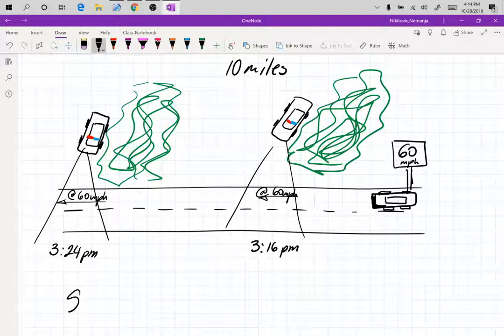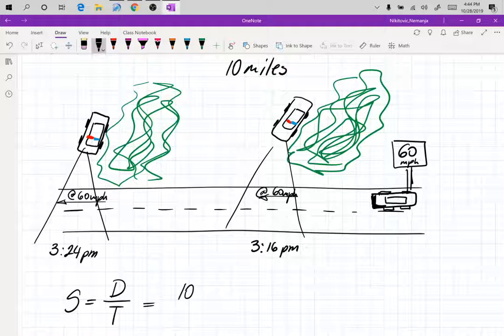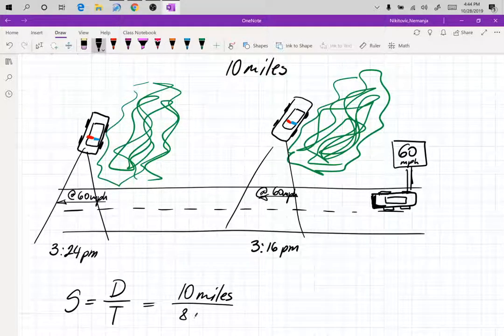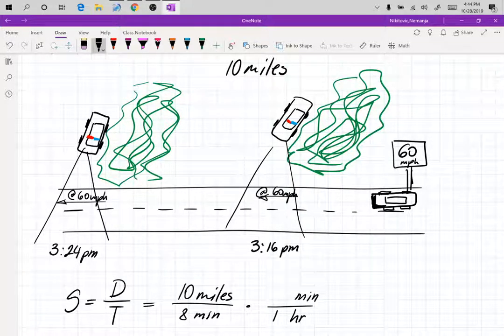We know that the speed is the distance divided by time. The distance is 10 miles, and the time was 8 minutes. So I need to get rid of these minutes because we like to measure our speed in miles per hour. So 1 hour has 60 minutes.